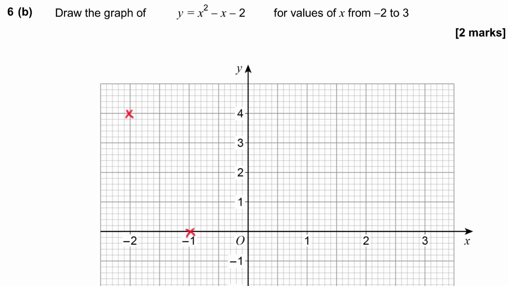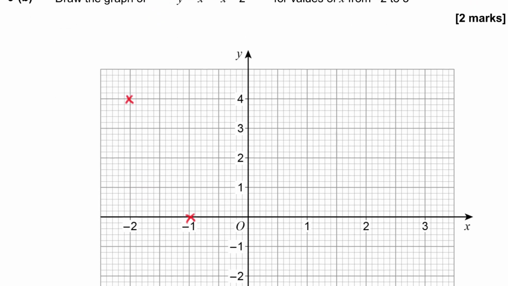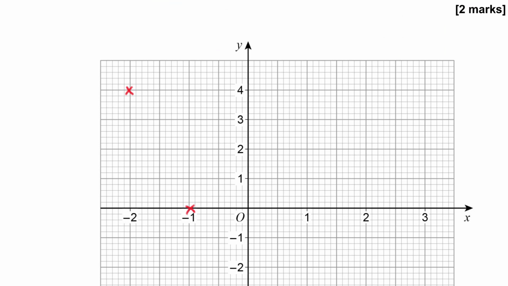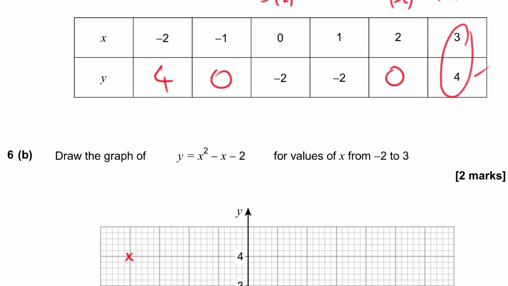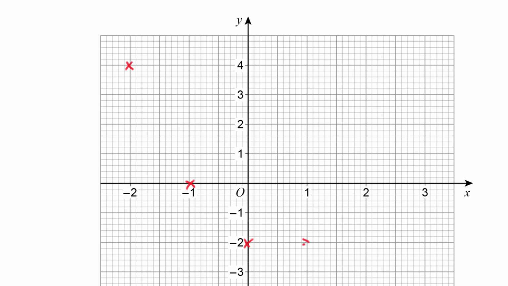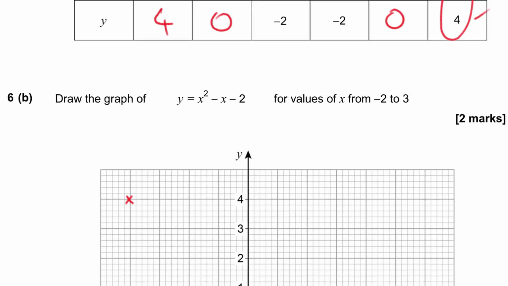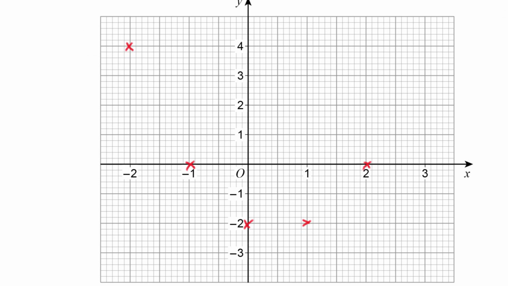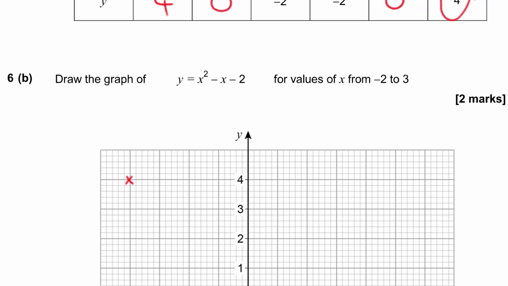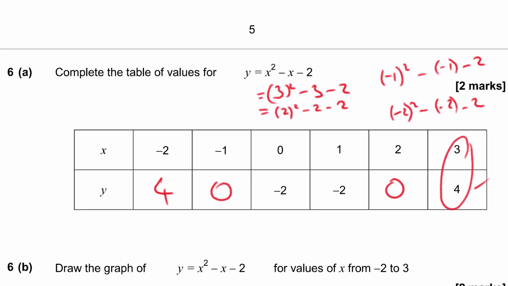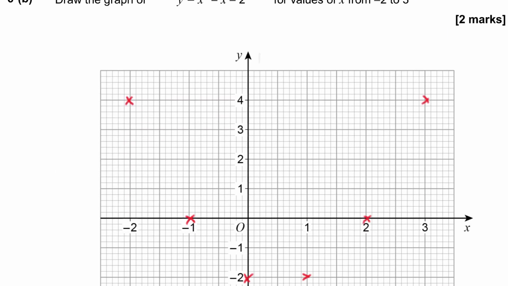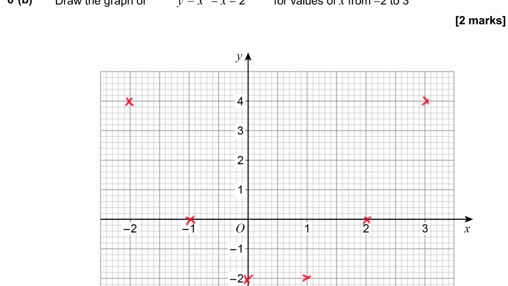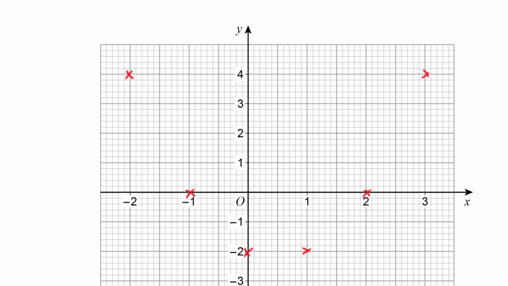Minus 1, 0. 0, minus 2. 0, minus 2. 1, minus 2, 2, 0, and 3, 4. Okay. Now this was a quadratic equation, so we were expecting a parabola, and that is what we've got. So I'm feeling pretty confident here that we've got it right. The last part is to draw a continuous curve passing through each of your points.